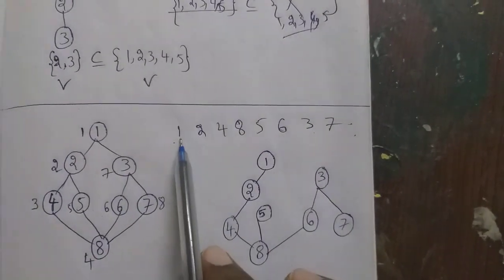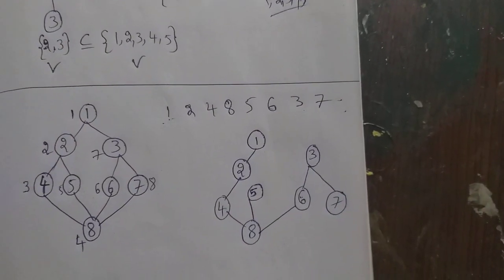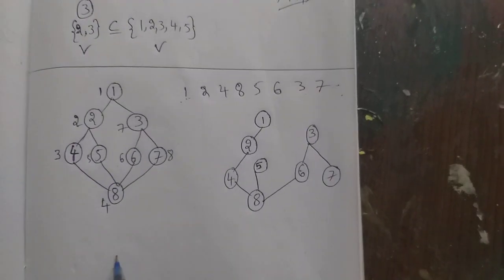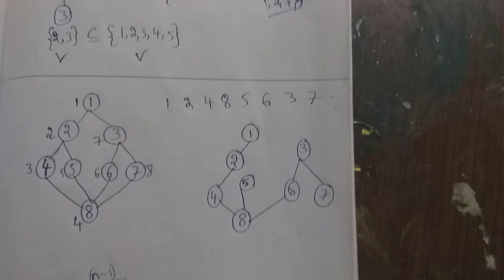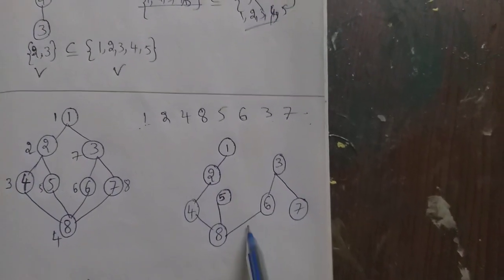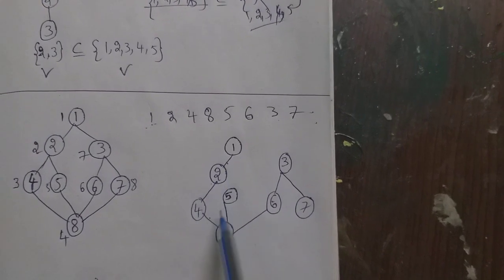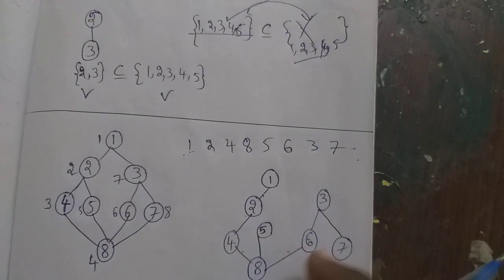If you draw the depth first traversal path in the form of a tree, the resulting tree is a spanning tree. What is a spanning tree? If the graph has n vertices, it contains only n minus 1 edges. Tell me whether this is a spanning tree of this graph or not. Yes, it has 8 vertices and we got 7 edges, and it is a spanning tree of this graph. You need to understand this.